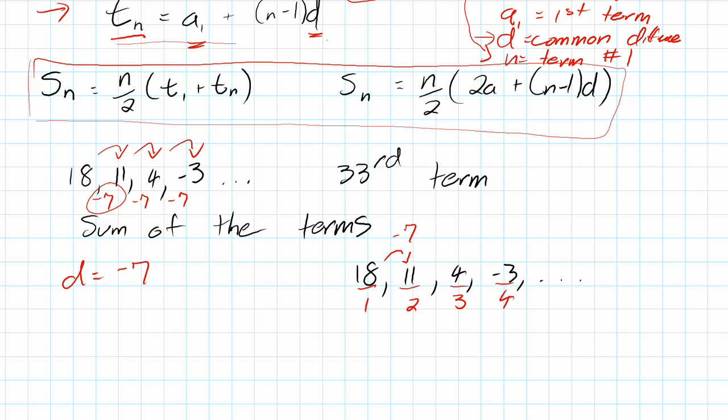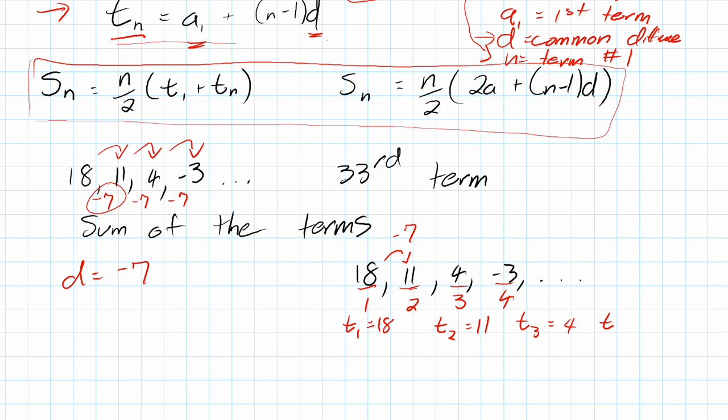Okay. The way we represent the value of this, we would say term 1. So T subscript 1 means the first term has the value of 18. Okay. Term 2, which is this one here, has the value of 11. Term 3 has the value of 4.